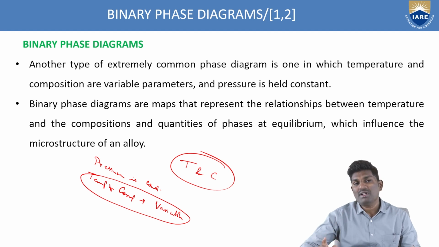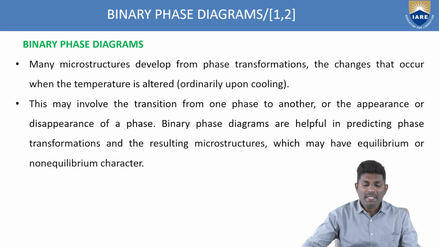And coming to unitary, there we have only the composition as the constant. We study the pressure as well as the temperature. That is the PT diagrams in the unitary phase diagrams. And coming to the binary, the pressure is held constant and the temperature and compositions can be studied in these binary phase diagrams.